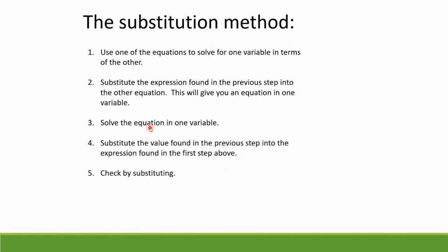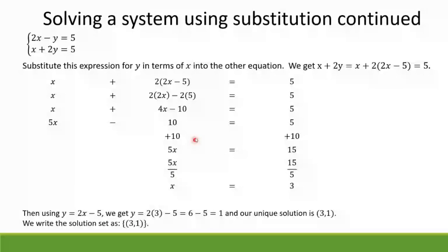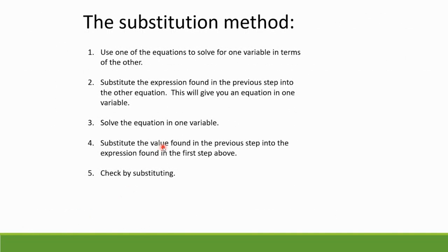So again, when you solve it in step 3, if you get a number, you substitute into the expression where one variable is in terms of the other. That's what we did. We plugged it back in to the expression to get the other variable. And that gives us the answer. And you check by substituting.